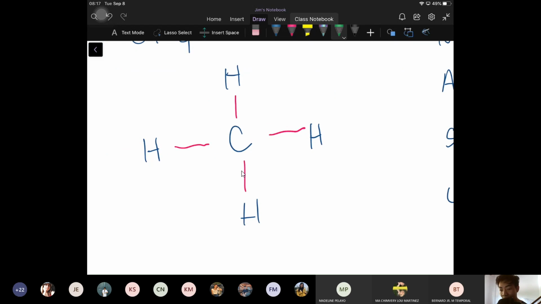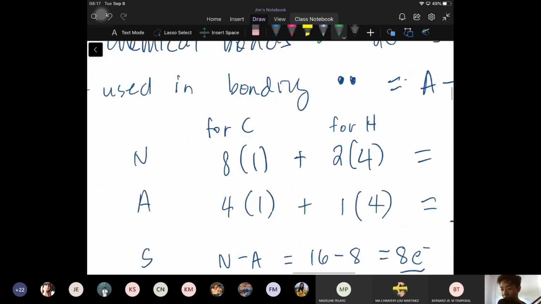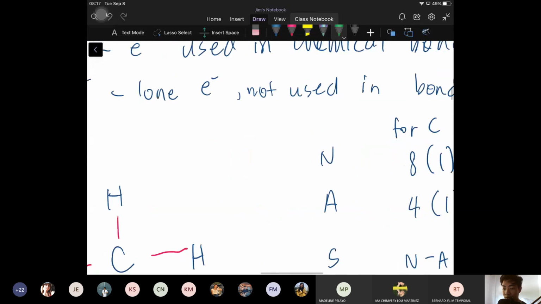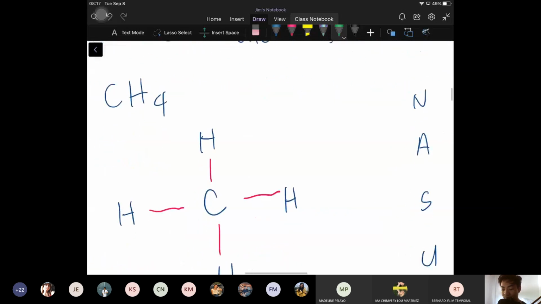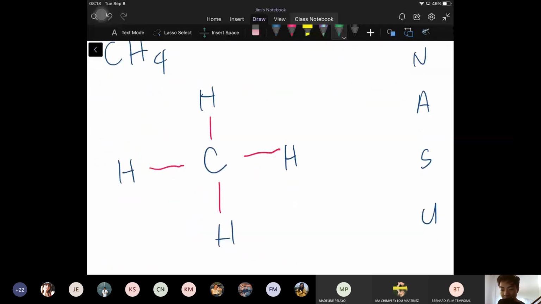To verify kung tama na yung drawing natin, balikan natin yung N, yung needed. 'Di ba sabi natin, carbon needs 8 electrons for it to be stable. Paano mo siya i-check dito? Ganito. So, you're going to draw a border sa carbon, no?